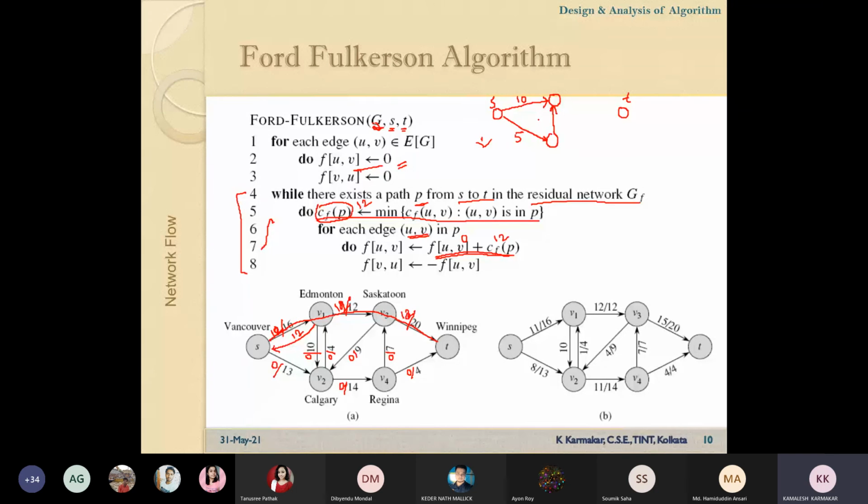Say in this direction it can flow 12 units, in this direction it can flow 4 units.